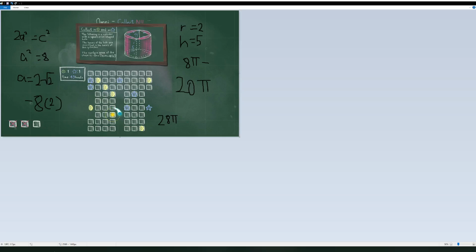Actually, you're right. I could have just calculated this as a diamond where this is length 4, this is length 4.